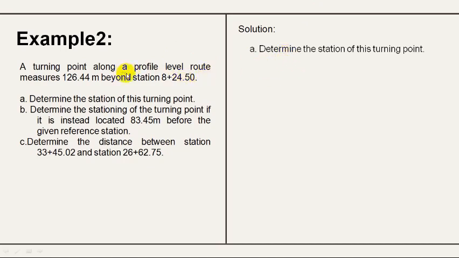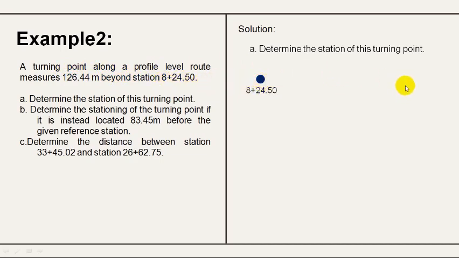So, first problem is to determine the station of the turning point. We have this station which is station 8 plus 24.50. Next is our turning point located beyond station 8 plus 24.50.